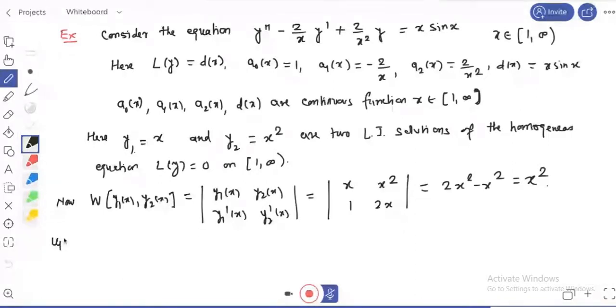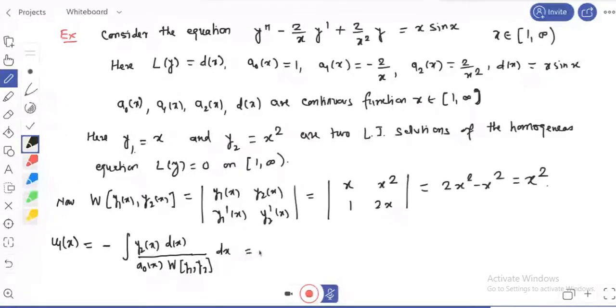So what is the value of u1(x)? From that formula, you know it is minus the integral of y2(x) d(x) over a0(x) times the Wronskian of y1 and y2, dx.